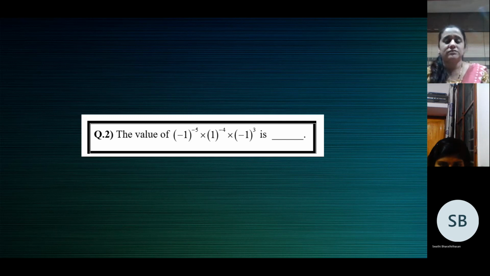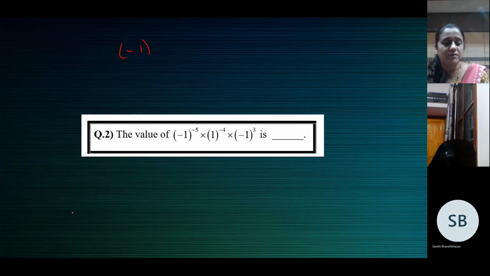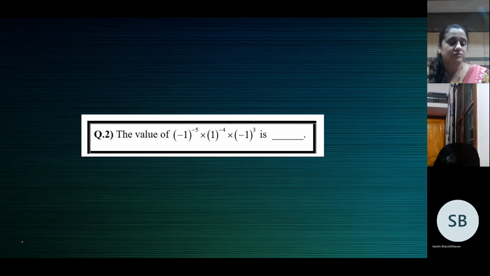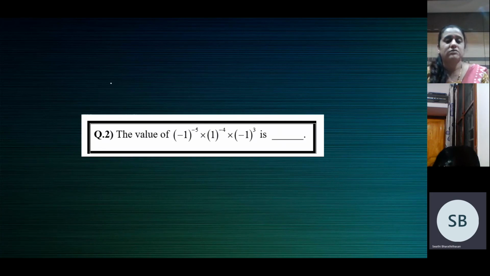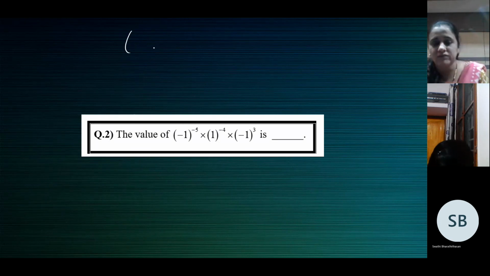Okay. So how do you deal with this? What is minus 1 the whole power minus 5? Can you find the value of minus 1 the whole power minus 5? Ma'am, we take the reciprocal of the base, right? What is the reciprocal of the base? Minus 1 by 1, which is minus 1 itself. See, the reciprocal of 1 is 1.